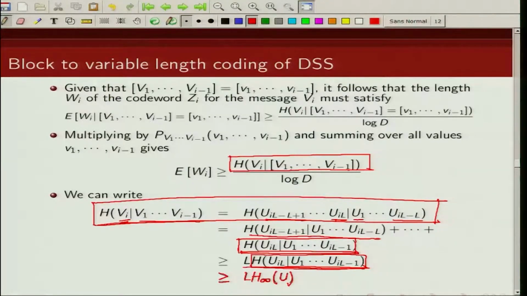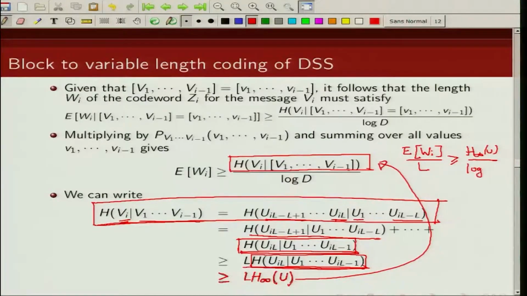Now we plug this value here and divide both sides by L. So what do we get? We get the expected value of Wi divided by L is greater than or equal to the entropy rate divided by log D, and that's what we wanted to prove.